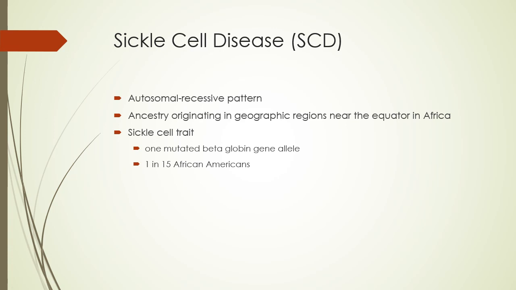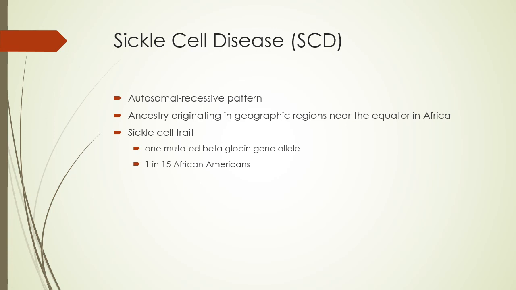This disorder is transmitted by autosomal recessive pattern, and it's most commonly seen in people with African or equatorial descent from Africa, and basically people whose ancestors were from areas near the equator in Africa.